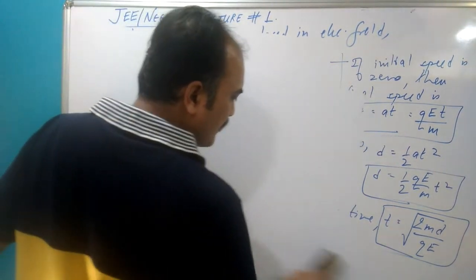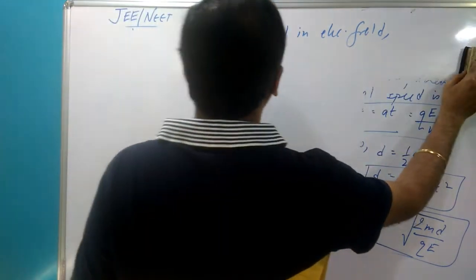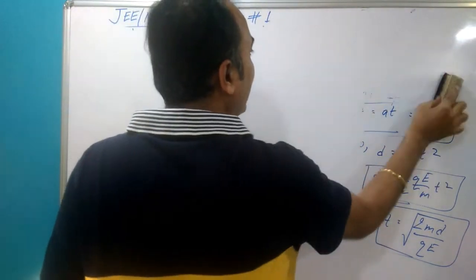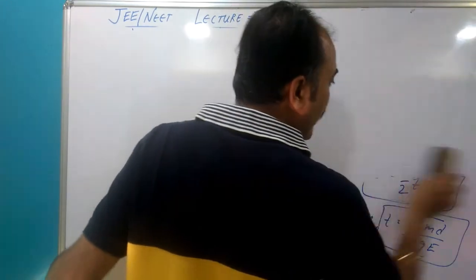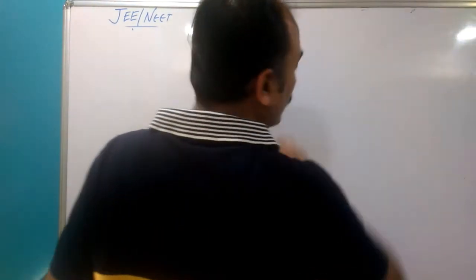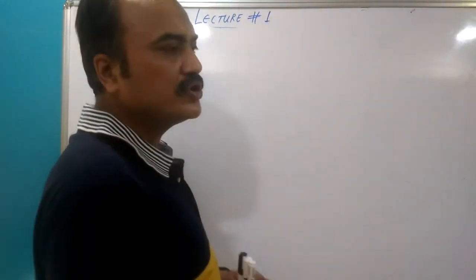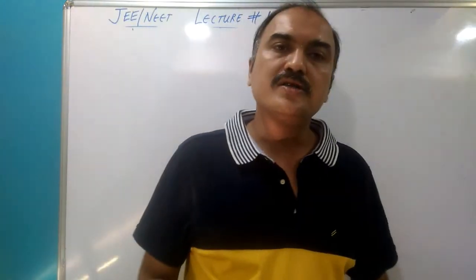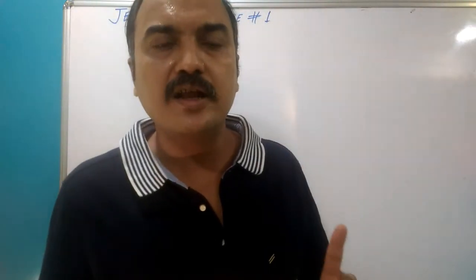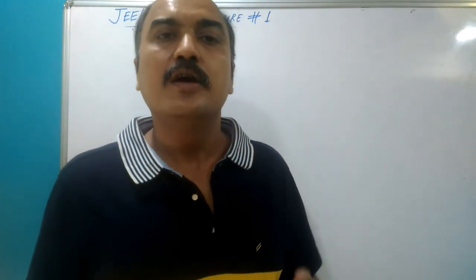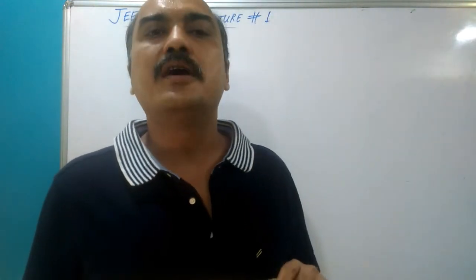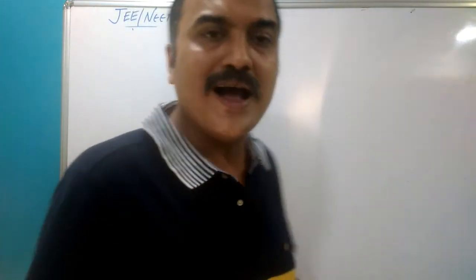I'm sure you still remember projectile motion from your 11th standard days. I hope you've not forgotten it. In projectile motion, the most important idea was that velocity and acceleration were perpendicular to each other. Your velocity was along the x-axis, the acceleration was along the y-axis.